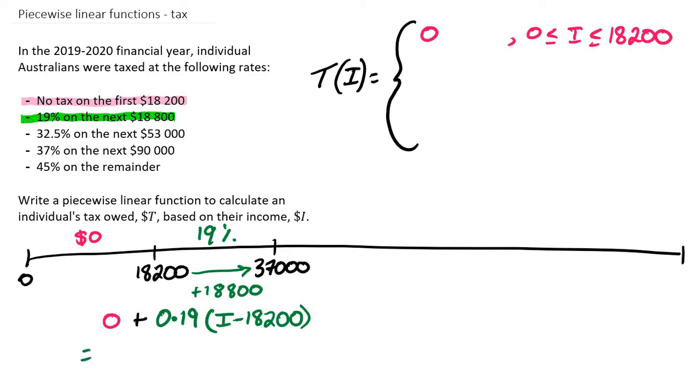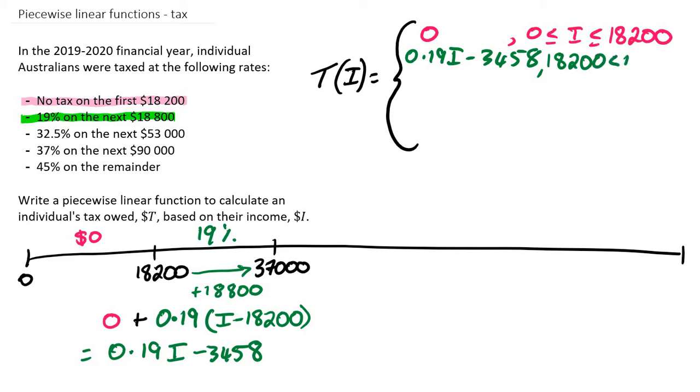The 0 is nothing, that's 0.19i minus 3,458 when you expand that out. And that's our second component of the piecewise function, starting at 18,200, not included, and going up to 37,000.